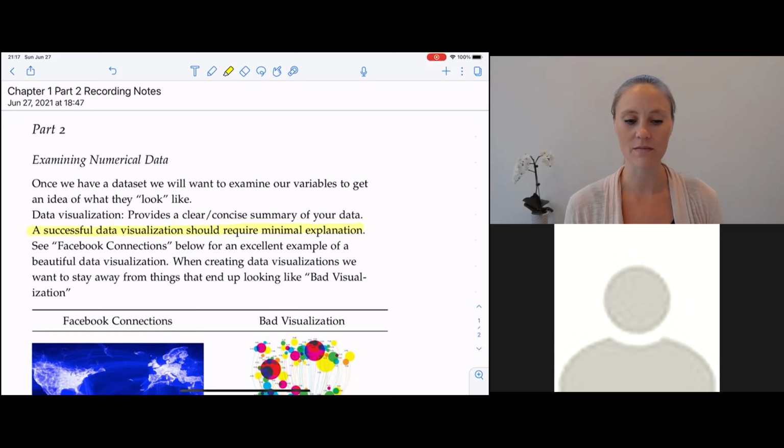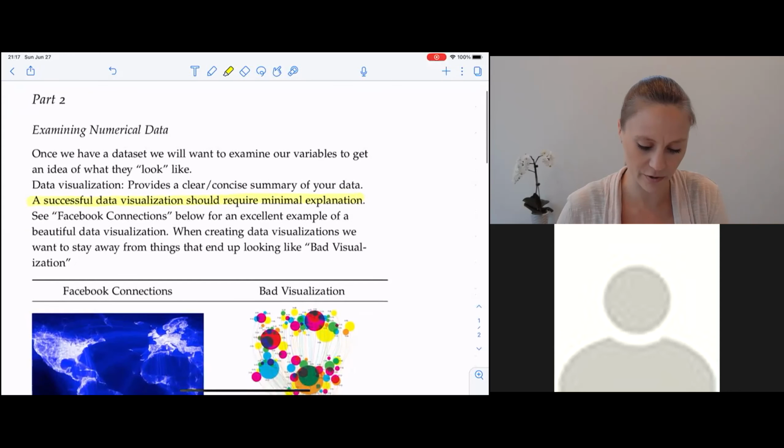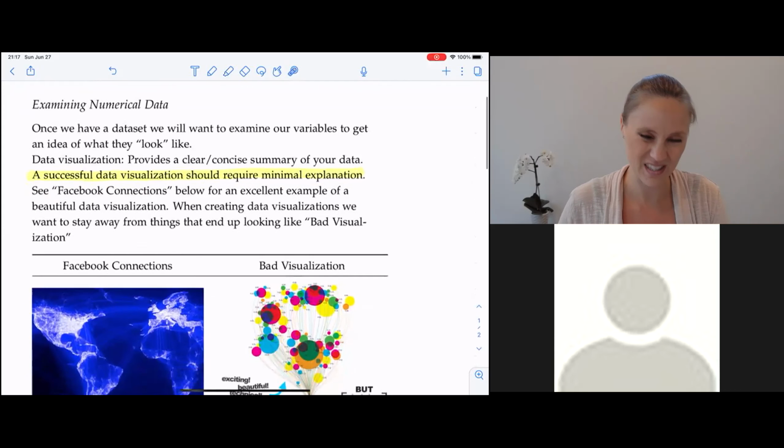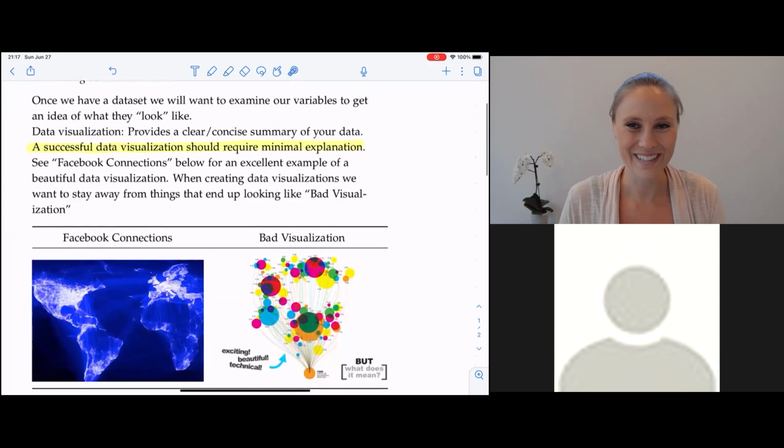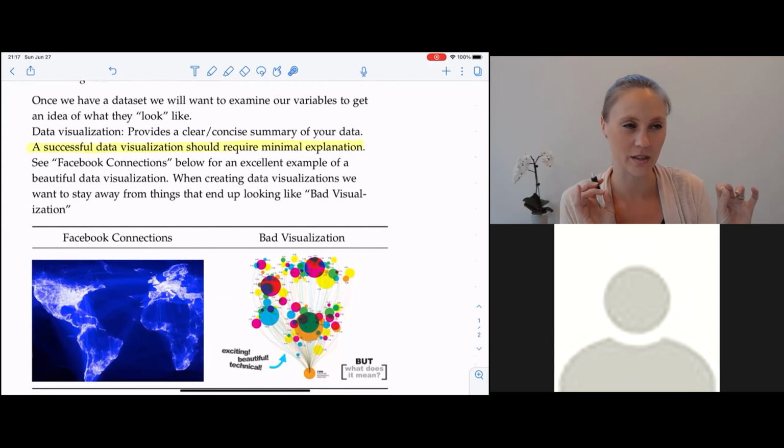You want something that people can glance at and understand what's going on, with a little bit of background about what information is being presented. Besides that, it should be pretty straightforward. If it's not, you've probably overcomplicated things, and that's not really good.